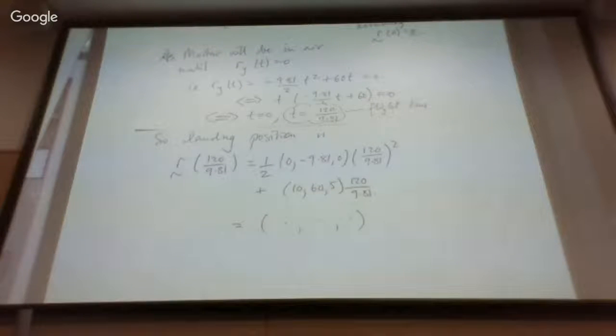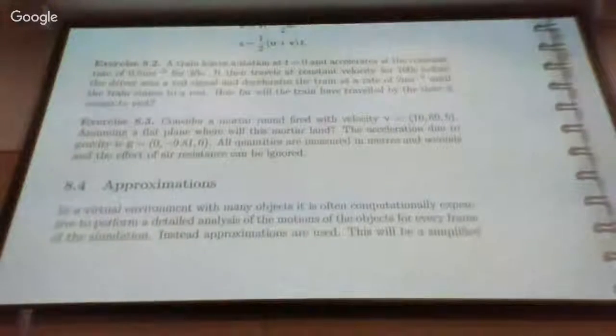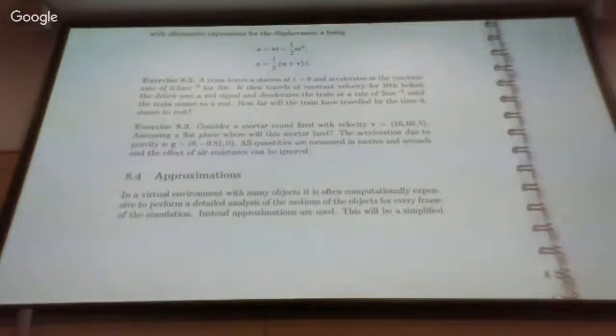So now we come on to considering how this motion is simulated by the computer in simulating the virtual environment. With operating computers, it's always a battle.